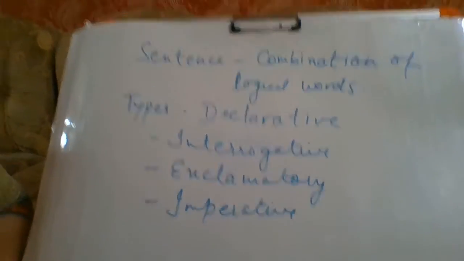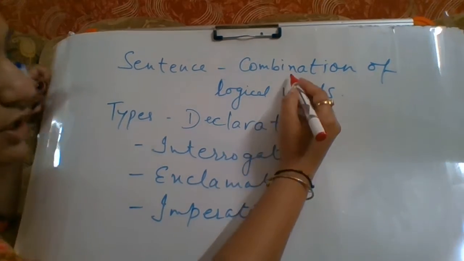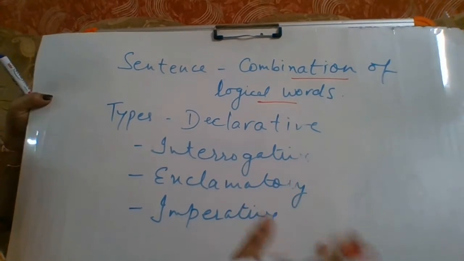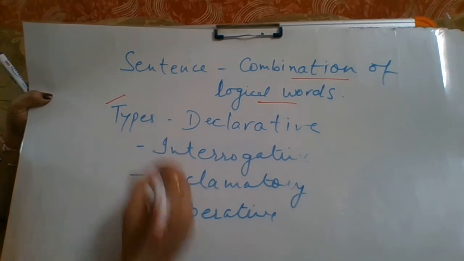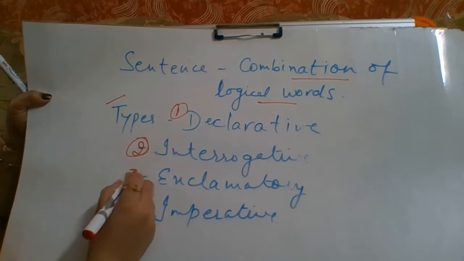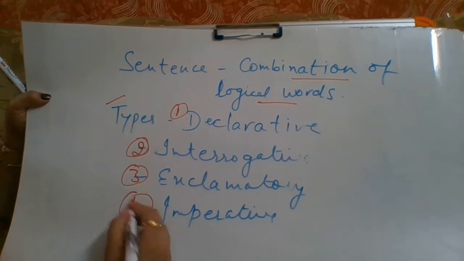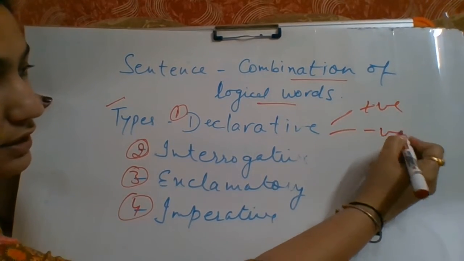In the previous video, we did what is a sentence, and the sentence is a combination of logical words, and its types. It has four types: declarative, interrogative, exclamatory, and imperative. Declarative further has two types, positive and negative.